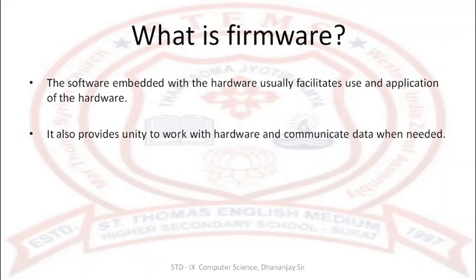You can take the example of a set-top box, fridge, washing machine, microwave. These are all embedded with special software, and this software is embedded and coded while manufacturing these devices.